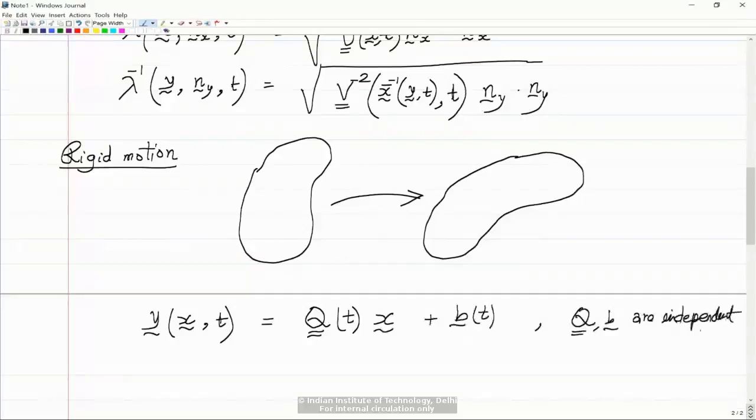So they are independent of the particle. If Q is identity, for example, special case, then y is simply x plus b. And that's an example where the body is undergoing pure translation, right? So for Q equal to identity, motion corresponds to pure translation.